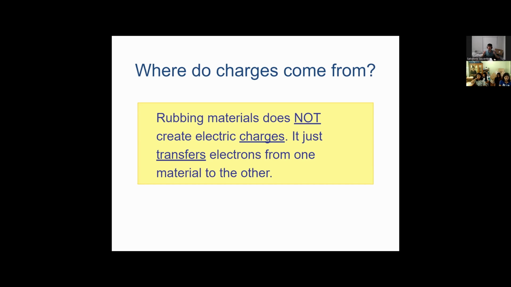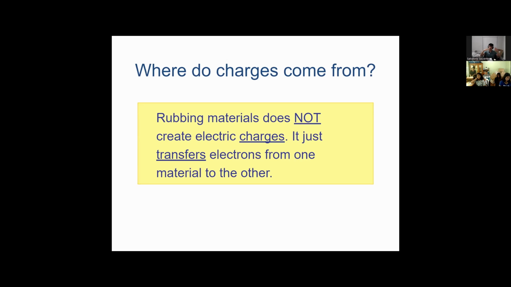So when static electricity occurs, remember, through friction, with whatever objects and materials are around, the electrons, the negatively charged particles, are the ones being moved, because remember, it's only with electrons, not with protons. Only the negatively charged particles can be moved around.